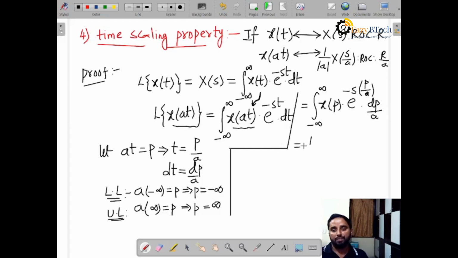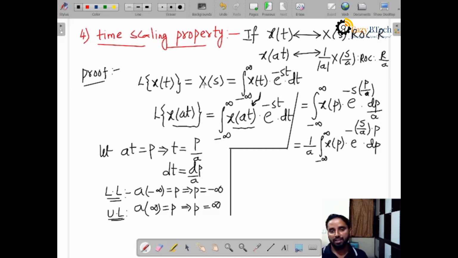We can write 1 by a outside, and the integral from minus infinity to plus infinity of x(p) e to the power minus (s by a) p dp, right or not? And by comparing our Laplace formula and this integral, we can get the answer.